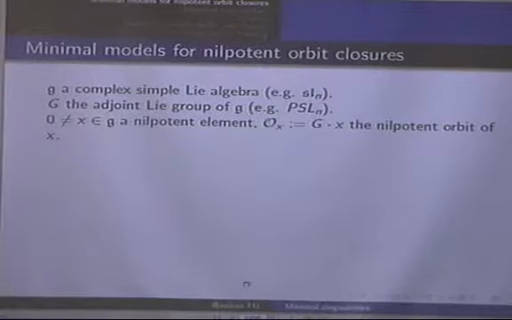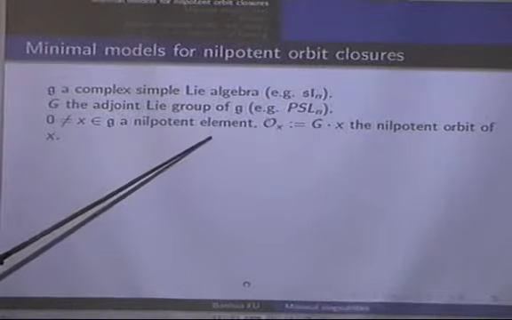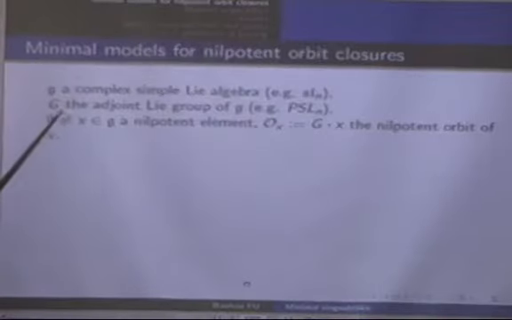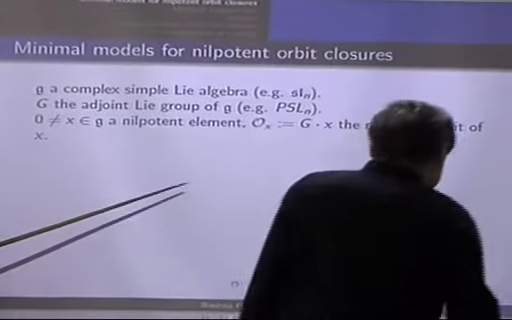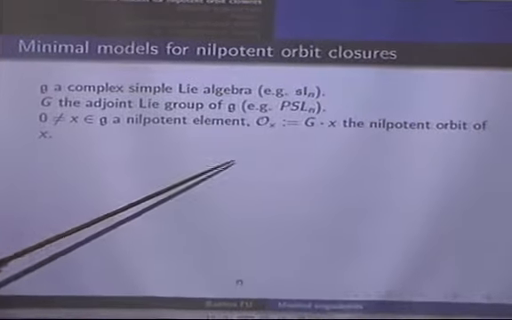So take a nilpotent element. For example, in the SL_N case, what you take is just a nilpotent matrix. So you take a non-zero nilpotent matrix. Then this capital G acts on the Lie algebra g just by the adjoint action. So in this case, you get a nilpotent orbit.